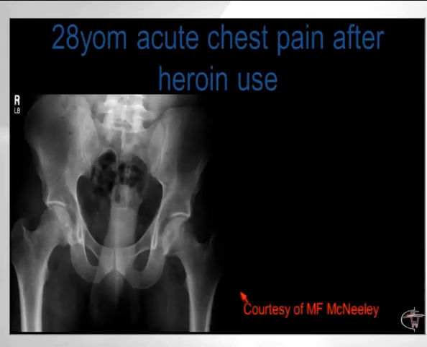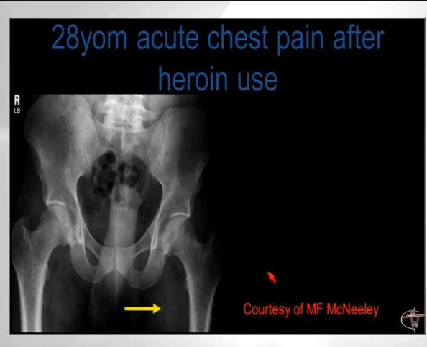This gentleman had a very unusual presentation. He woke up after using heroin and complained of acute sharp chest pain. When we asked about the incident, he told us that he had injected into the left hip, fallen asleep, and when he woke up he couldn't find that needle anymore.